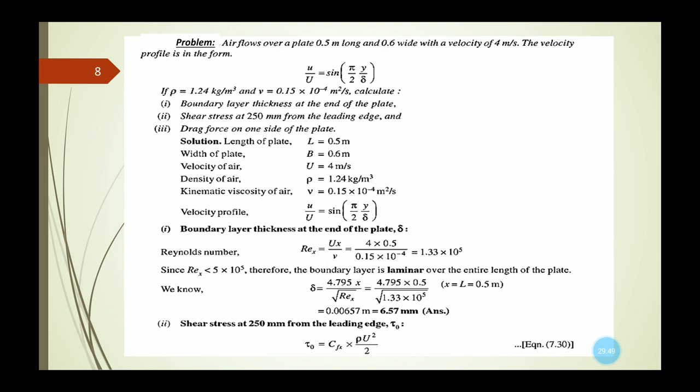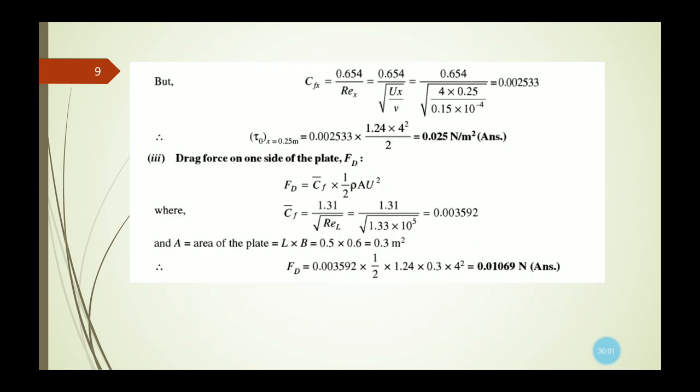Now for the second part, we need to calculate the shear stress at 250 mm from the leading edge. This formula of the shear stress we have seen earlier. It is in terms of the skin friction coefficient and the dynamic head: Cfx multiplied by half rho u square. The formula of Cfx is 0.654 divided by root under Re_x. There is a typing mistake here; it will be root under Re_x.